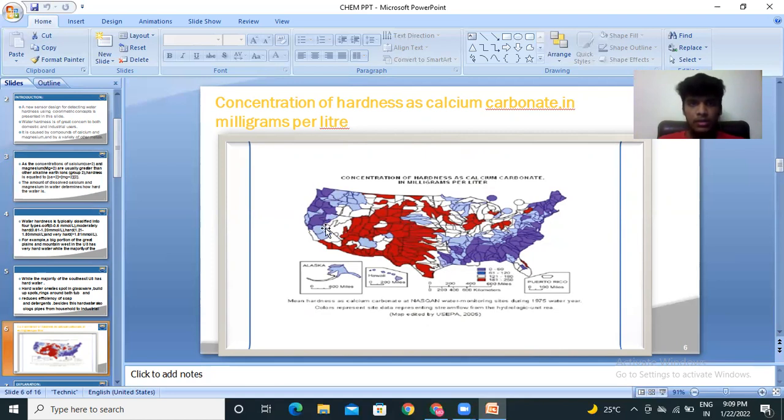It means the hard water is somewhat less in this area, and 60 to 120 in this area. In this area, the concentration of hardness of the water is 61 to 120.